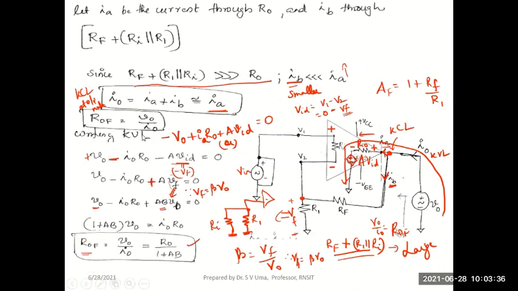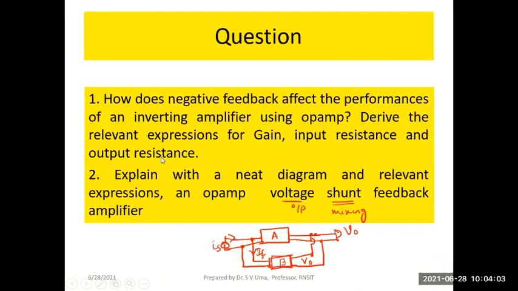We could show that ROF would be R0 divided by 1 plus A beta. So we get the ideal conditions needed for a voltage amplifier in this non-inverting op-amp amplifier. It's called non-inverting because the input signal is fed to the positive or non-inverting terminal of the op-amp. So remember these things.